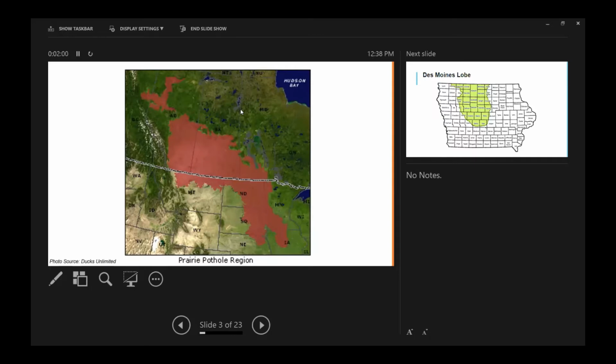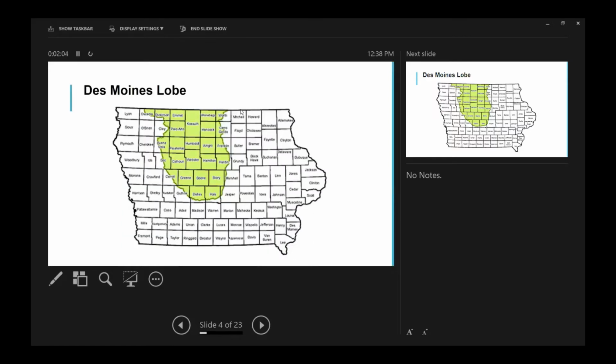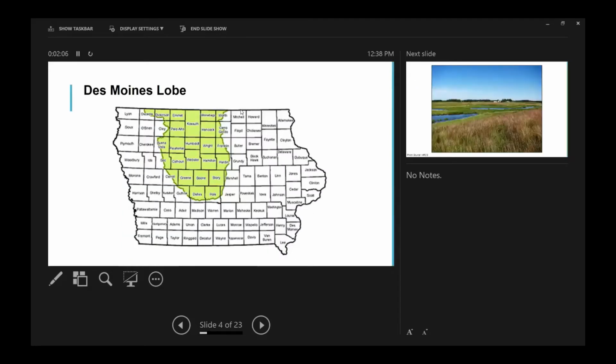Particularly in Iowa, a majority of our pothole landscapes are within what's called the Des Moines lobe. So for those folks that may not be from that area, you can get an idea of which counties are impacted. Not to say that there are not pothole landscapes off of the lobe, but this is where we see a majority of them.